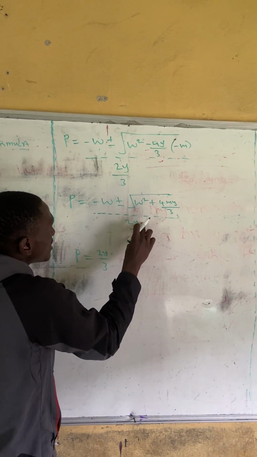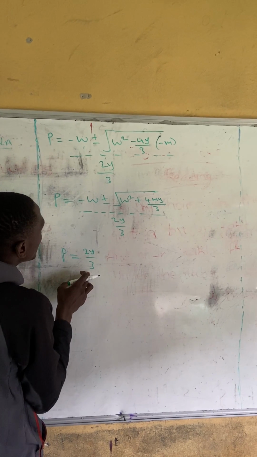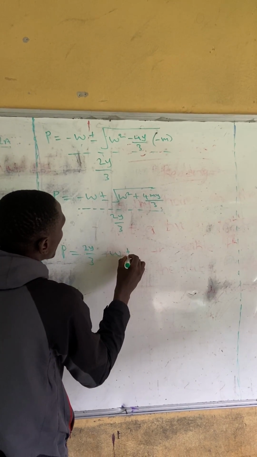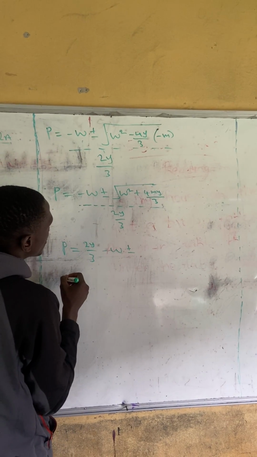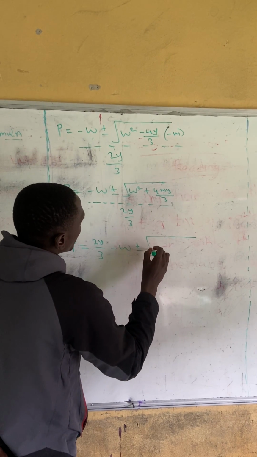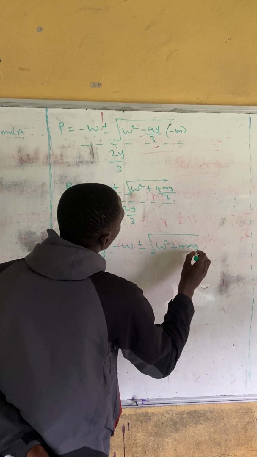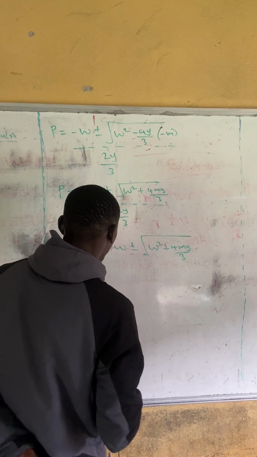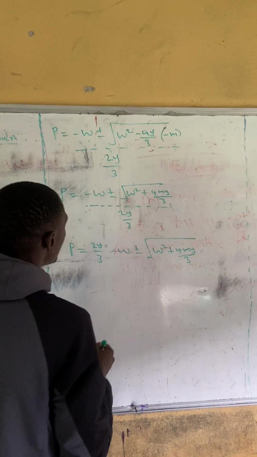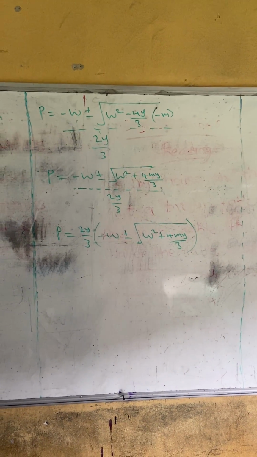So, while taking this one up, it will now give us 2y all over 3 minus W plus or minus the square root of W raised to the power 2 plus 4My all over 3. So, this is going to be our final answer. We have made P the subject of formula.